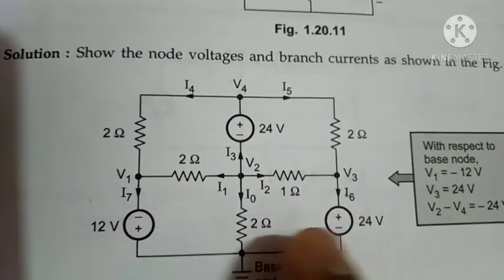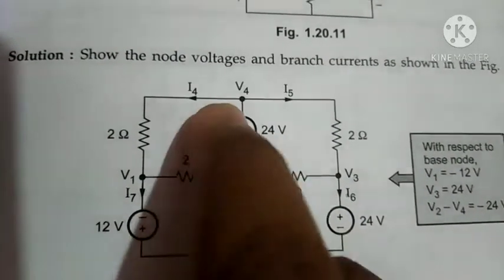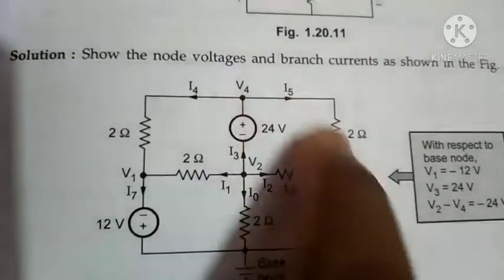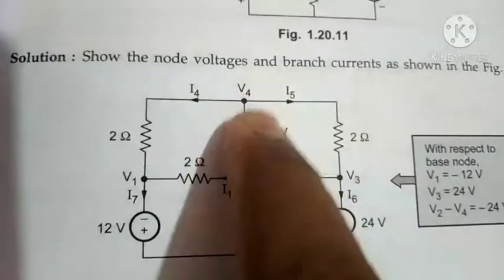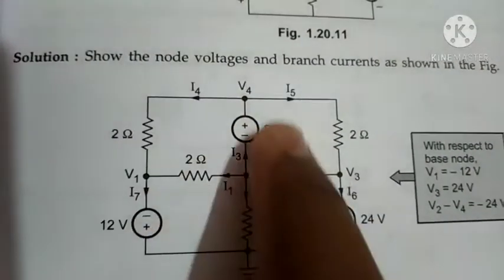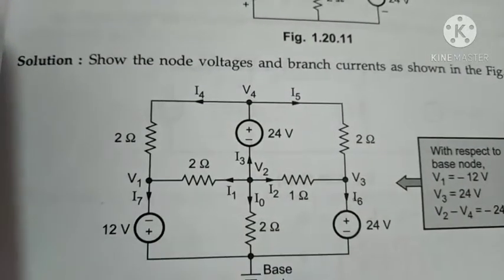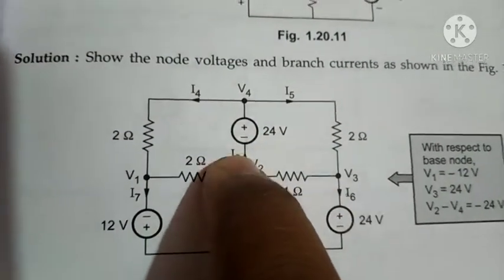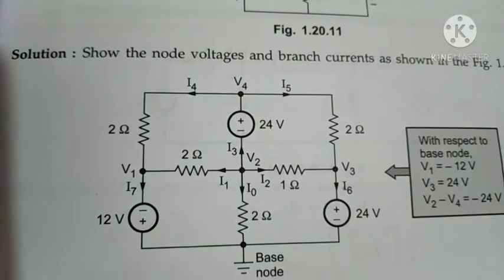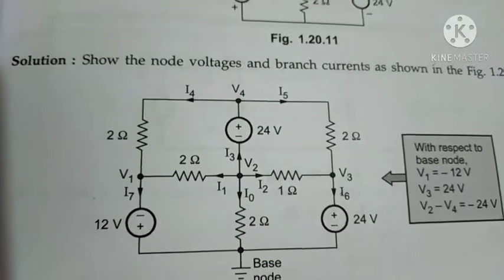We have three such voltage sources in this question, connected directly. To apply node analysis it is difficult because we don't know the current, the I3 value, in this branch. So for that reason we go for super node analysis.